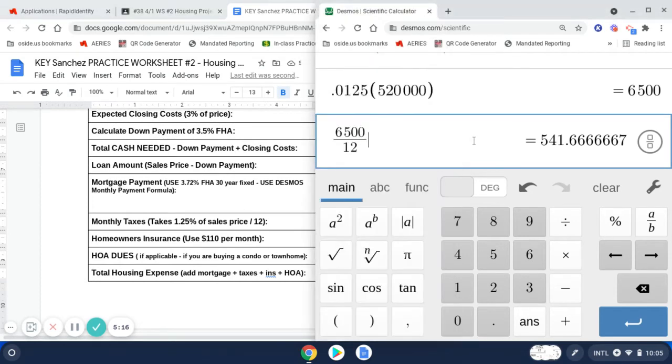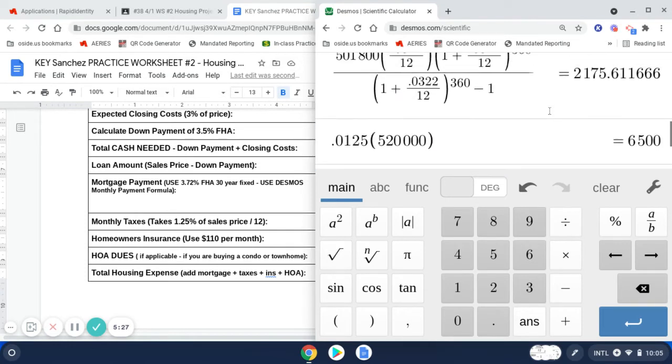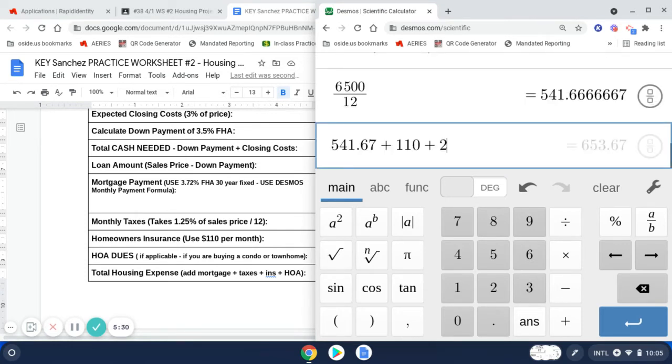And now we're going to add these all up. $541.67 plus $110 for your HOA insurance, plus the mortgage payment of $2,175.61.